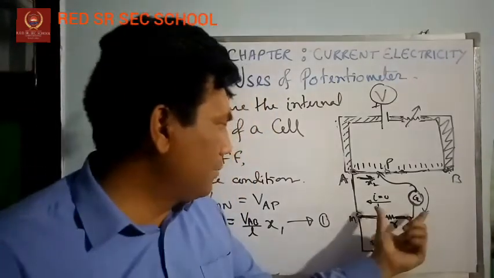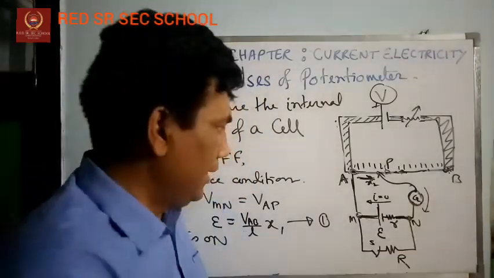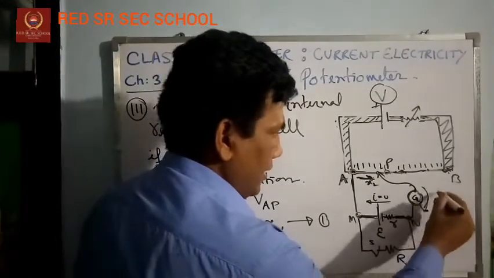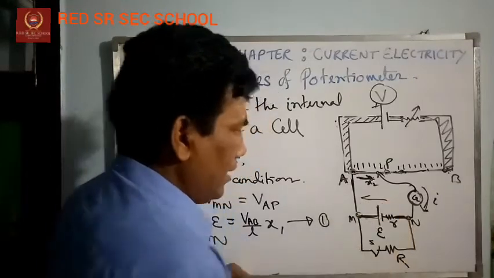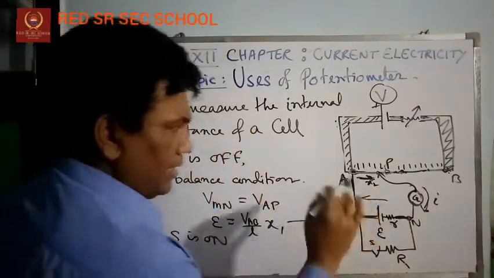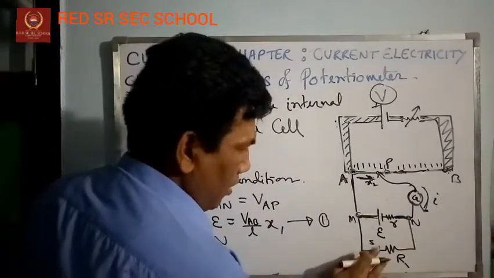Actually, as the galvanometer is showing no deflection, it means no current is flowing through this. But it does not mean that no current is flowing through the cell, because in the previous condition this switch was off.